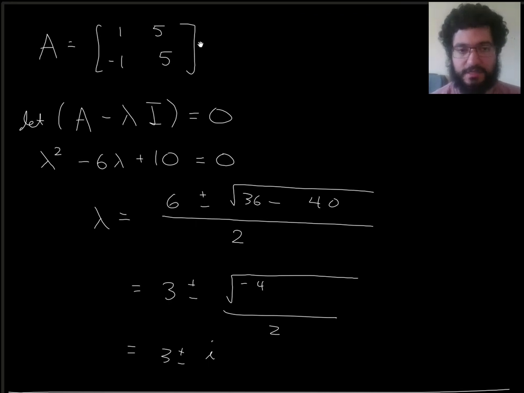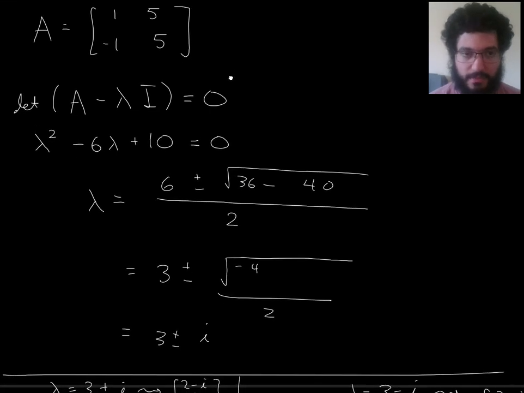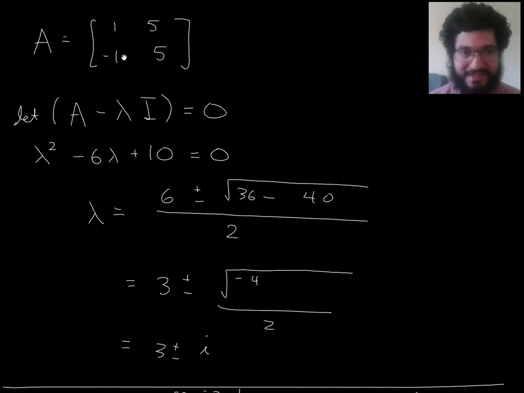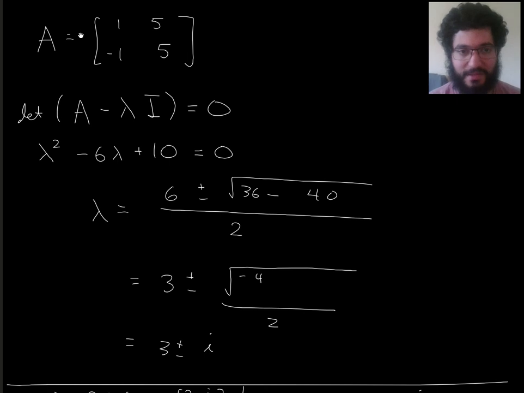So if you lived in a time before complex numbers were invented, which actually isn't that long ago in some sense, you would look at this matrix and say it simply has no eigenvalues. When you try to find the eigenvalues, you end up with the square root of a negative number, and that's nonsense.